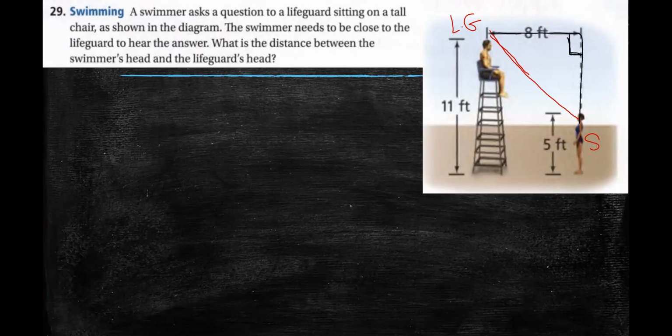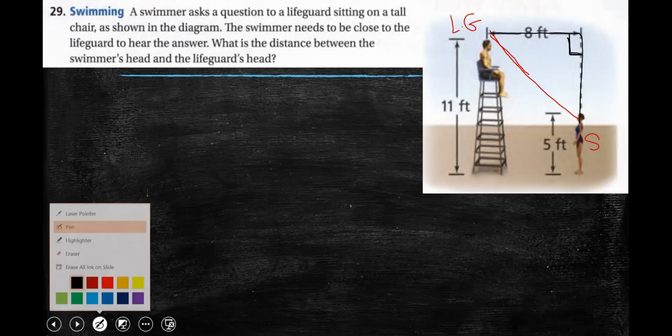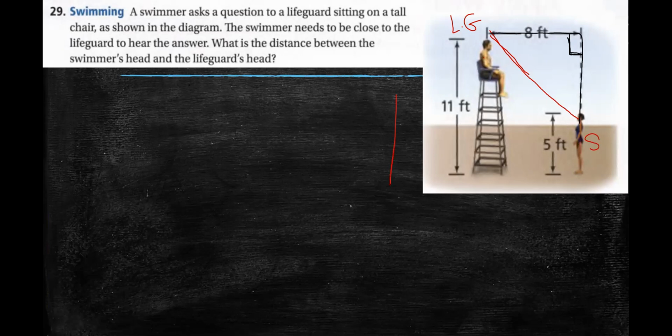Now, look at this right triangle here. I draw it here now. This is C, I want to find it. And this is 8. And I need to find the length of the other leg.